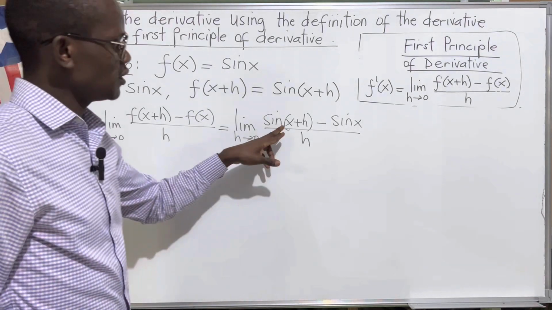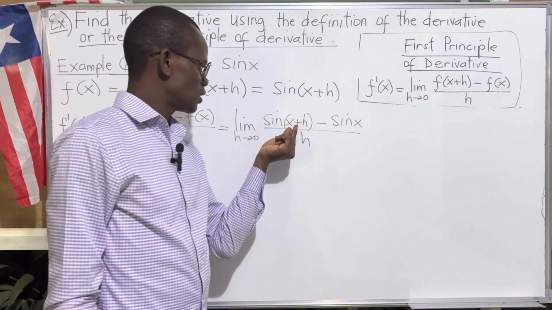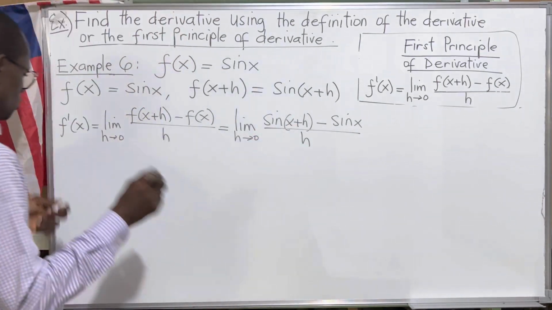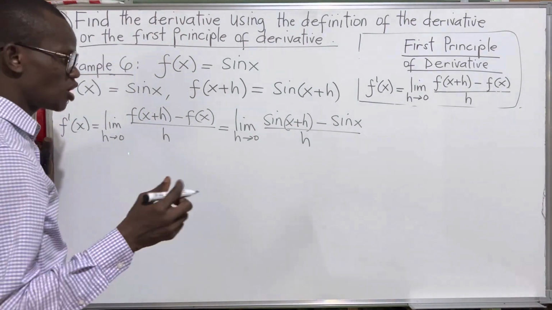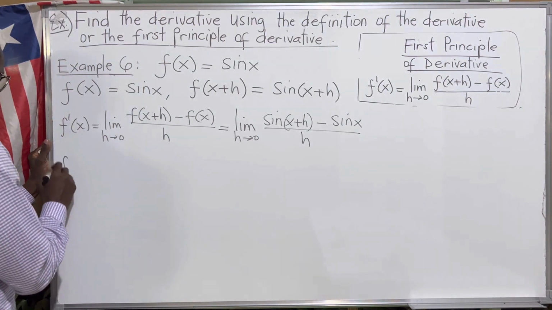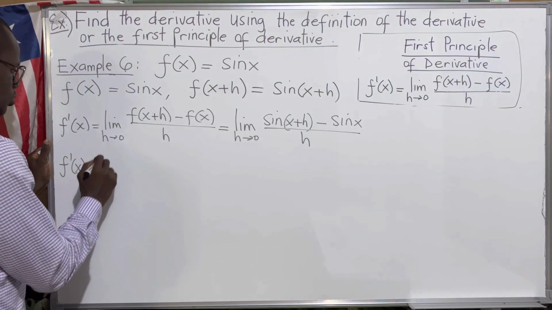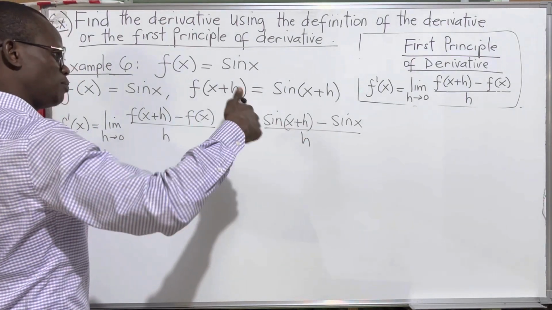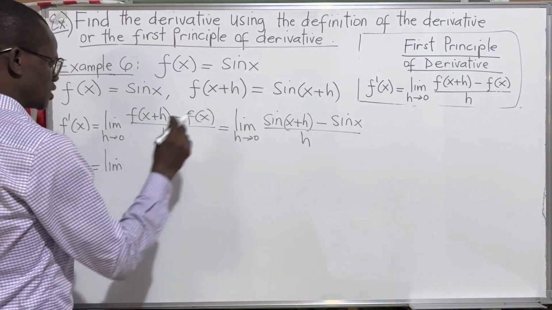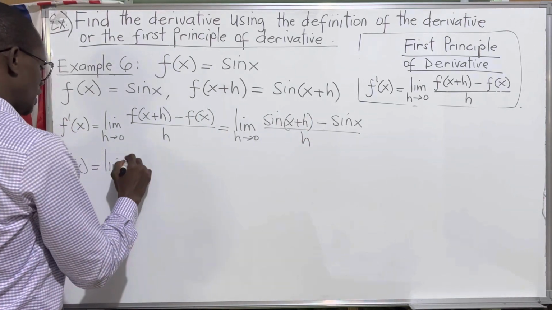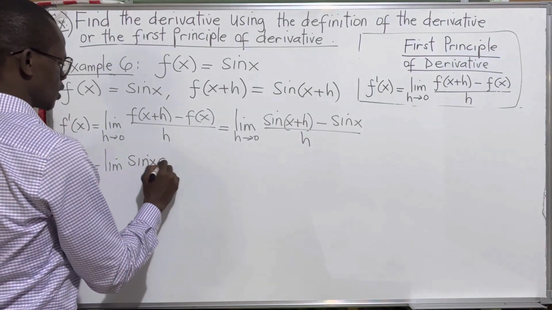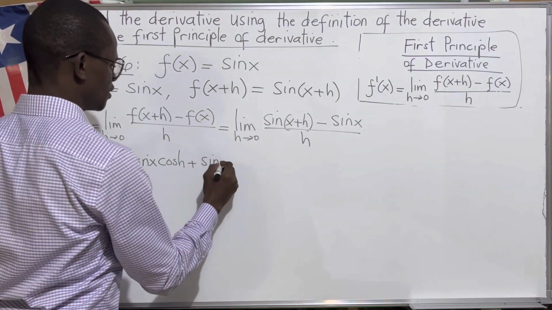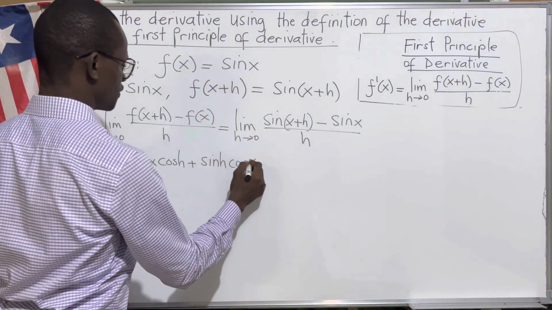So our duty now is to expand this expression, sine of x plus h. From the sine of a sum identity, we know that sine of x plus h, or sine of a plus b, whatever the case might be, as long as there are two angles in there, you will have sine of x cos of h plus sine of h cos of x.